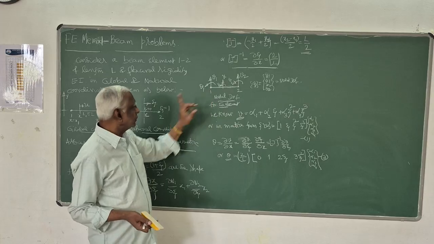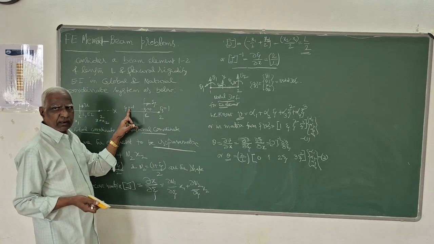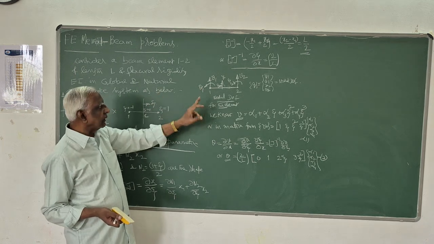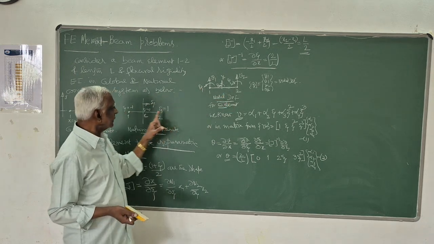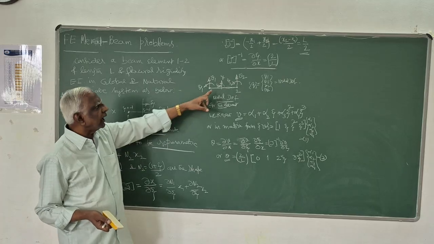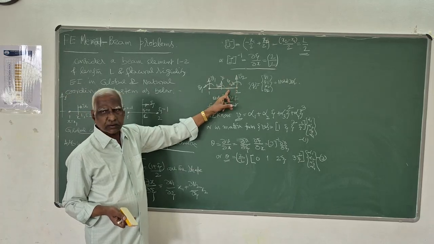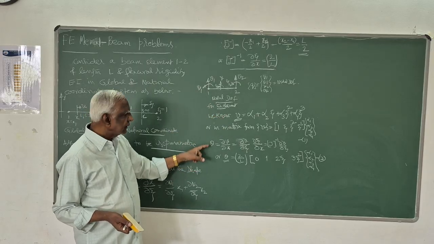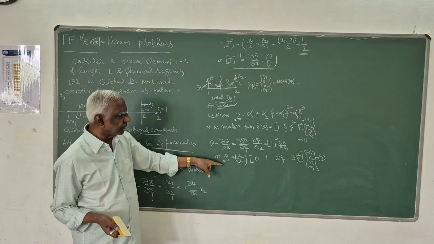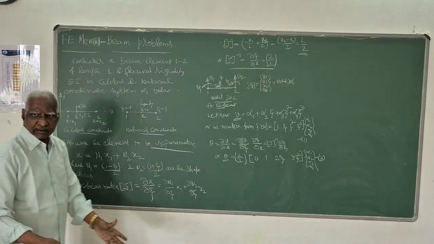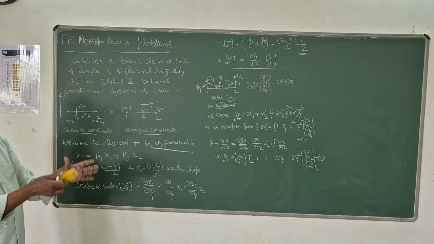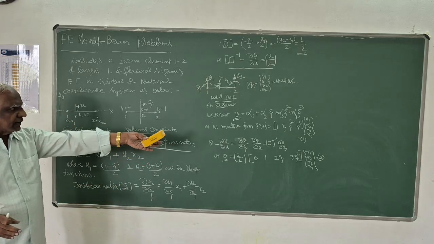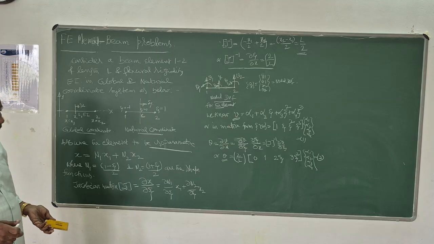At node 1, xi is equal to -1, v is equal to v1, theta is equal to theta 1. Similarly, at node 2, xi is equal to +1 and v is equal to v2, theta is equal to theta 2. You substitute this condition in equations 1 and 2, you will get 4 equations, and those 4 equations you can solve, or you find the inverse matrix and get the coefficients alpha 1, alpha 2, alpha 3, alpha 4.